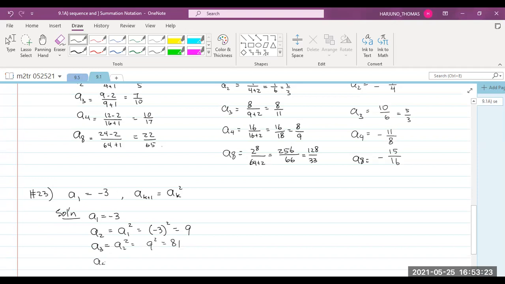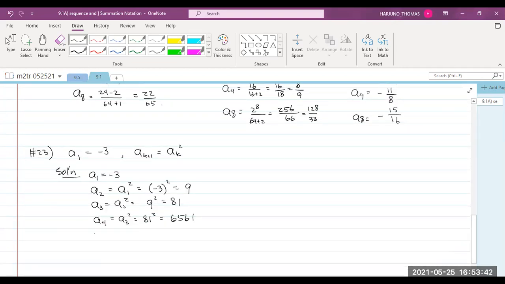The fourth term is the third term squared. 6, 4, 6, 5, 6, 1. Let me use my calculator. Oh yeah, that's right. Okay, and then the fifth term, oh man, this is big.